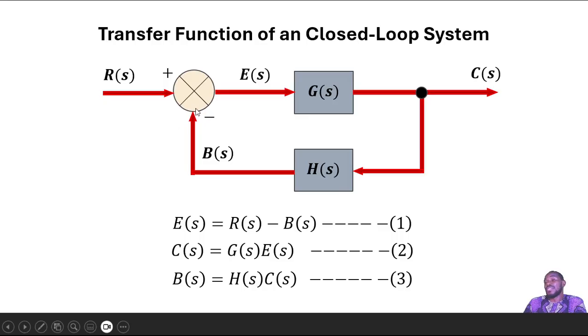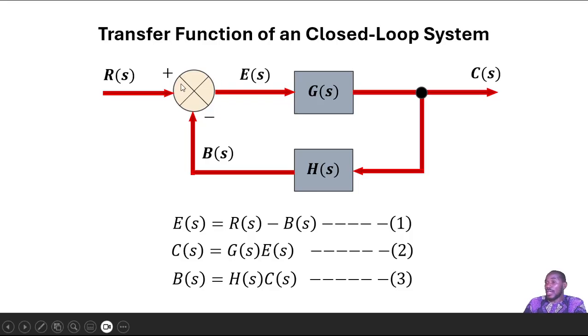The difference between these two gives us the error signal. Because of this negative sign, this whole closed loop system is called a negative feedback system. We're feeding the output back, and this is called the feedback, to the input for the purposes of comparing.